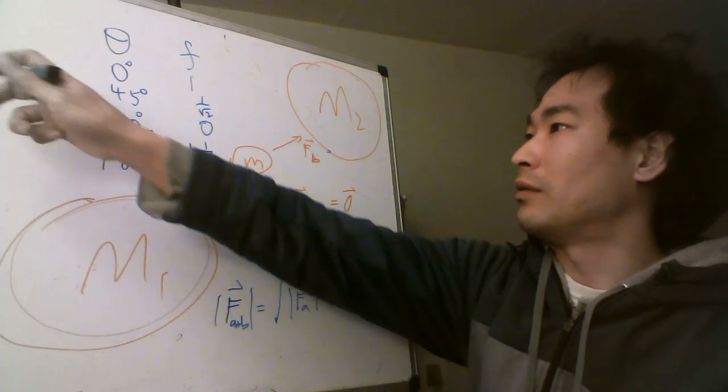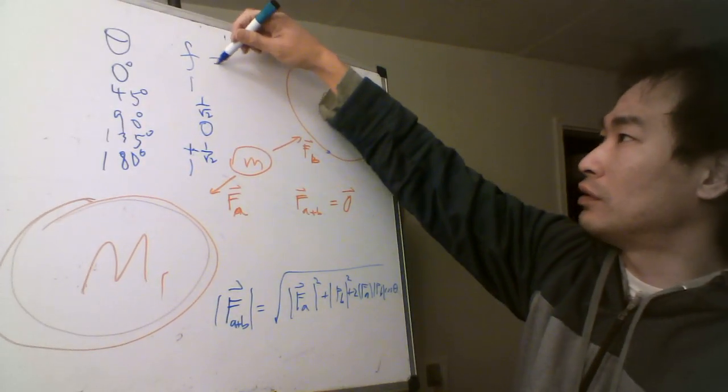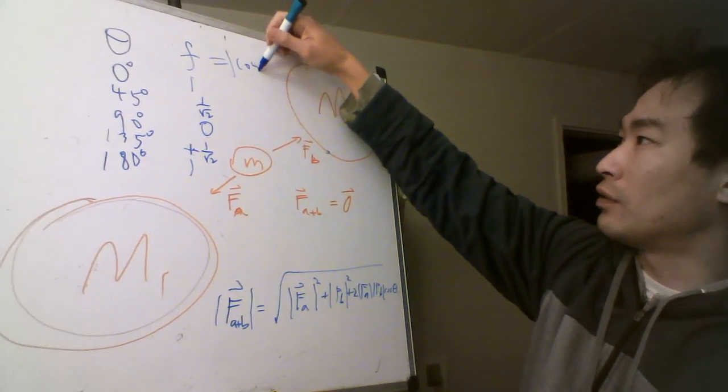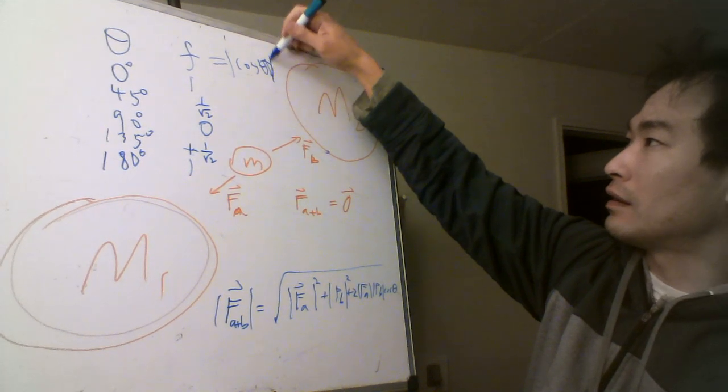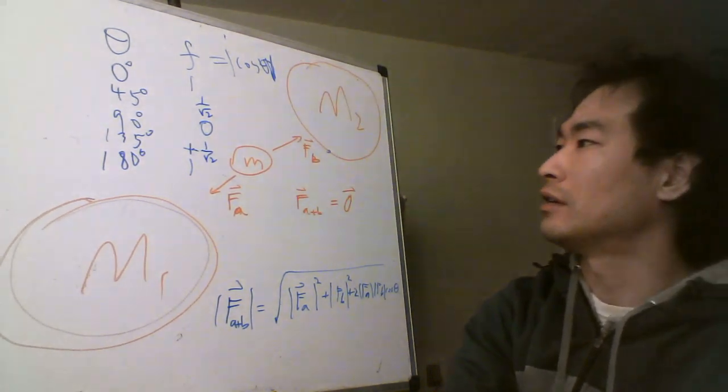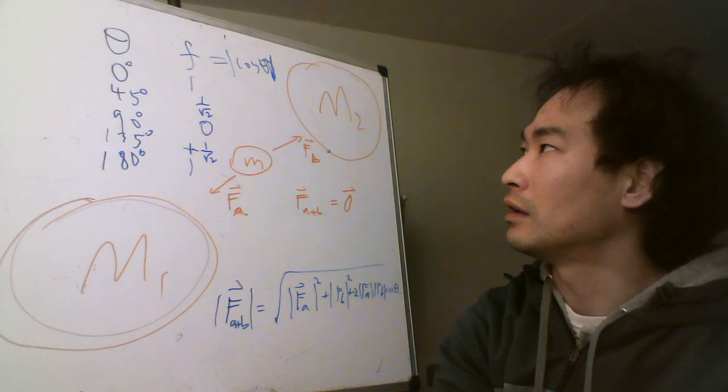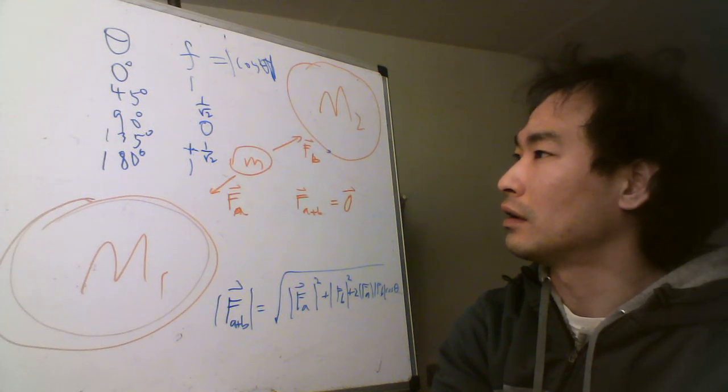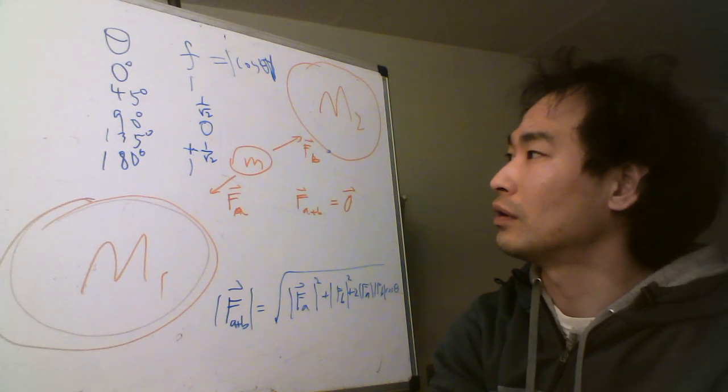I think we got it. Maybe f is equal to absolute value of cosine theta, okay? Tentatively. I think so.